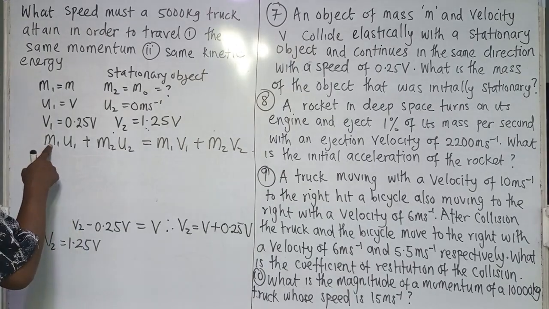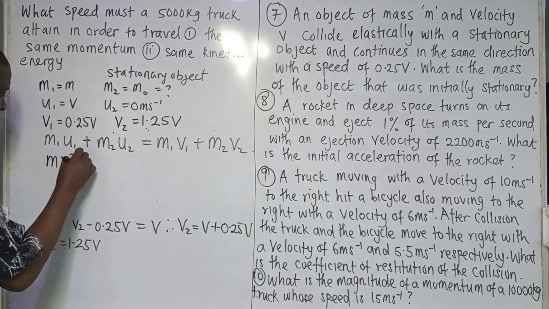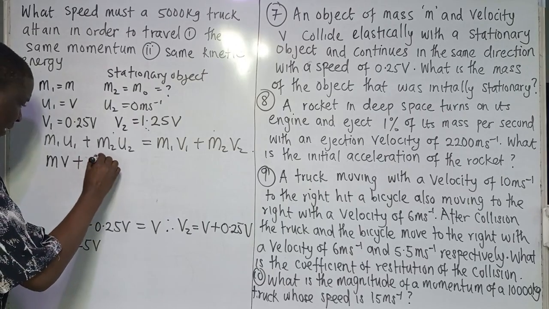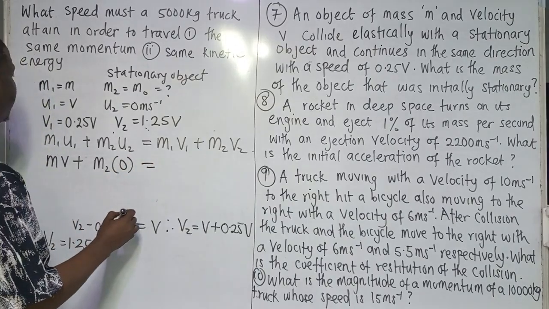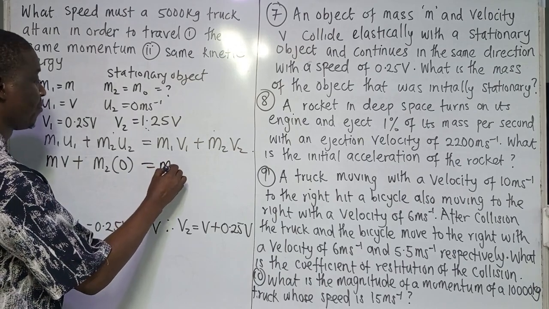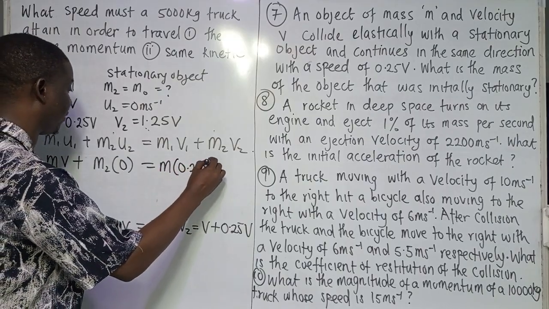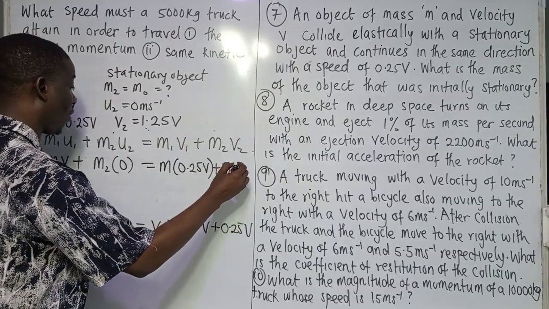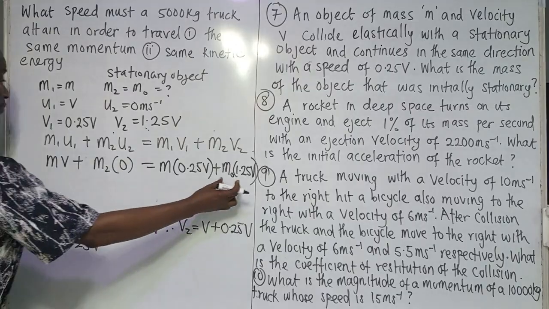M1 is M, U1 is V, plus M2, which is not 0, M2 is M2, and U2 is 0. Equal to M1, which is M, V1 is now 0.25 V, plus M2, let's say M0, V2 is now times 1.25 V.